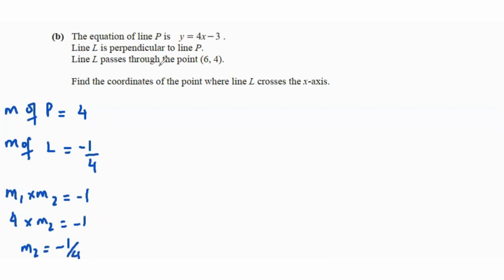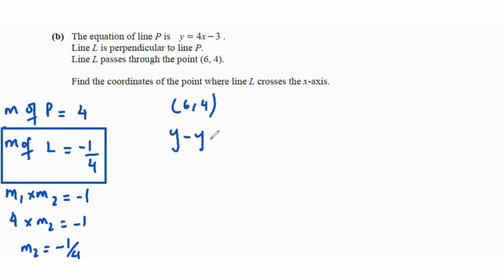Then it says line L passes through the point 6, 4. Find the coordinates of the point where line L crosses the x-axis. We already have our gradient of line L. They've given us the point, which is 6, 4. So we use y minus y1 equals m times x minus x1. This is the formula that we use when we have a point and the gradient to find the equation of the line.